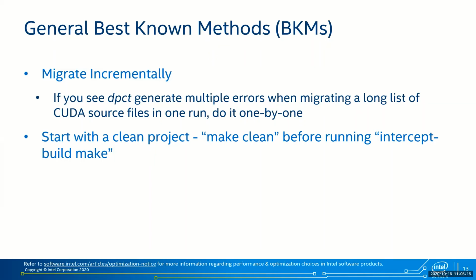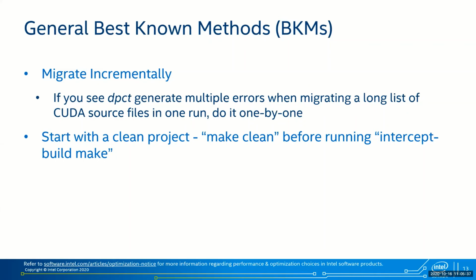One BKM would be to always make sure that you use make clean before running the intercept build command, because a lot of times if make is skipped because your object files were already present, intercept build fails to intercept the compilation commands. So that is one thing.